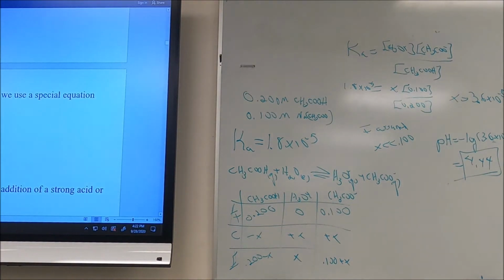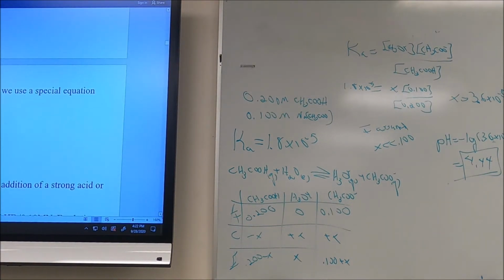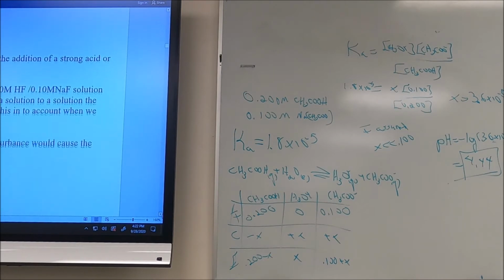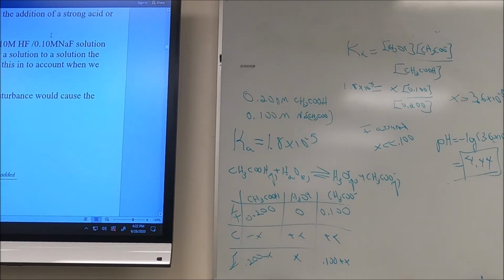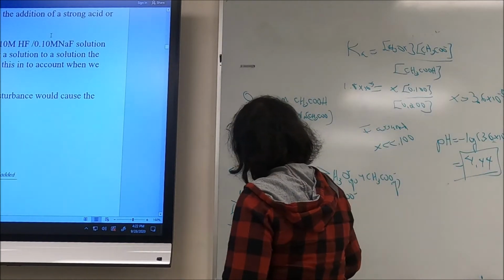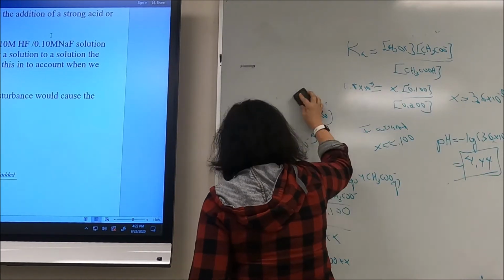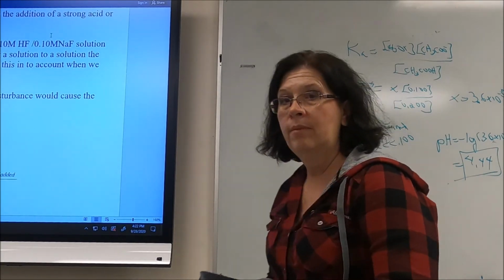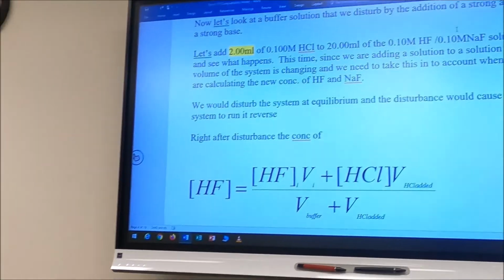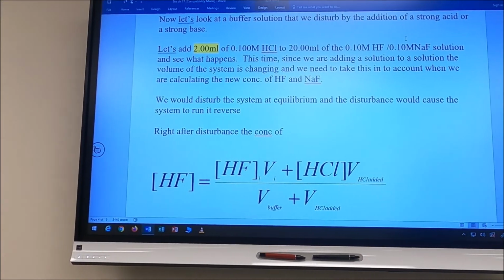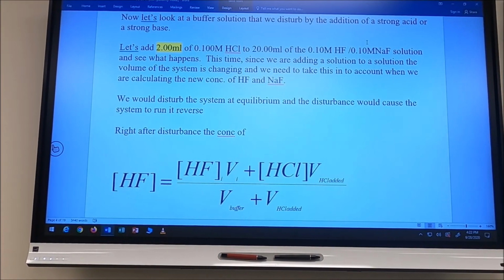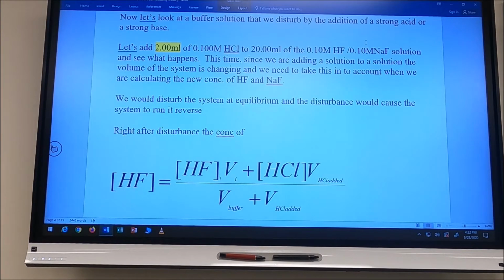Now, let's think about solutions. Usually when we disturb a solution, we do it by adding a volume of some kind of acid, let's say, to an already mixed solution.